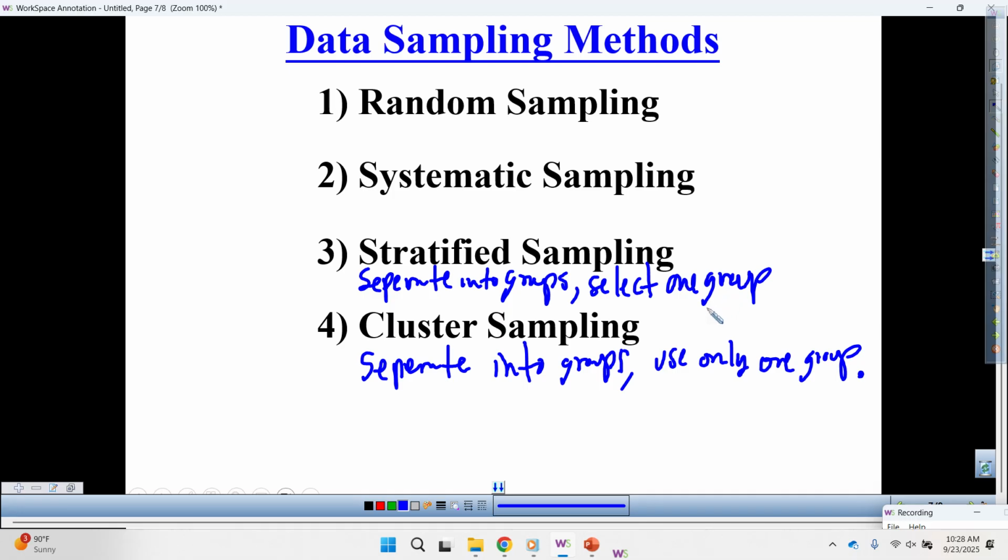So I asked you guys for your index cards, and what did I do next? Then select random numbers. That is correct. That's the only difference between cluster. Cluster, you go with the entire group, one of the groups, whereas stratified, you go with one of the groups, but then you select randomly from within that group.